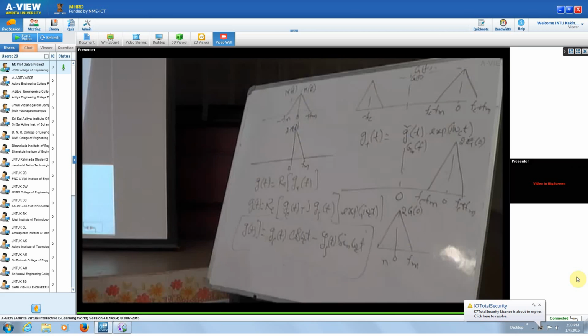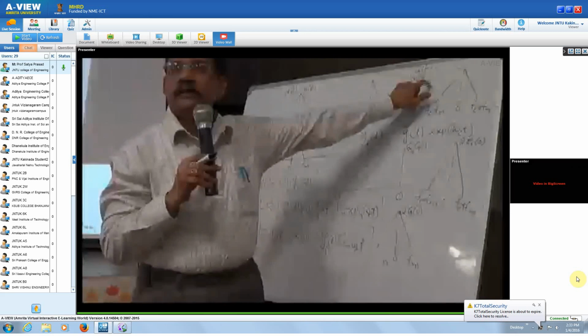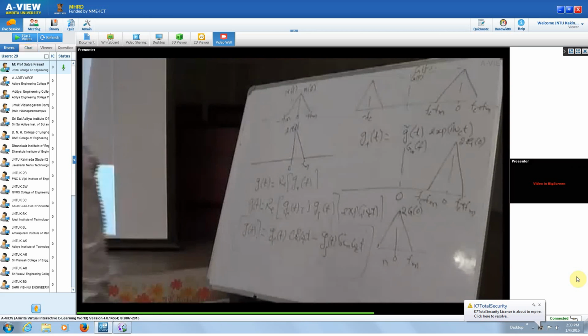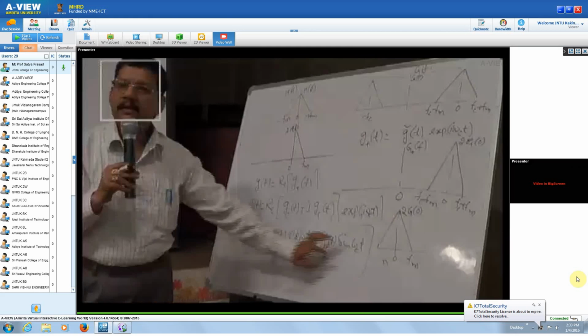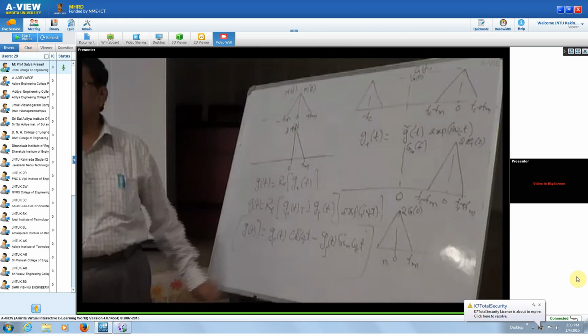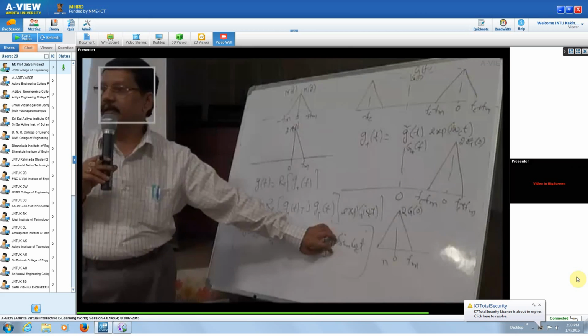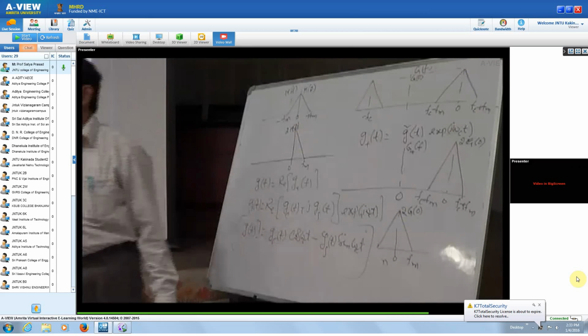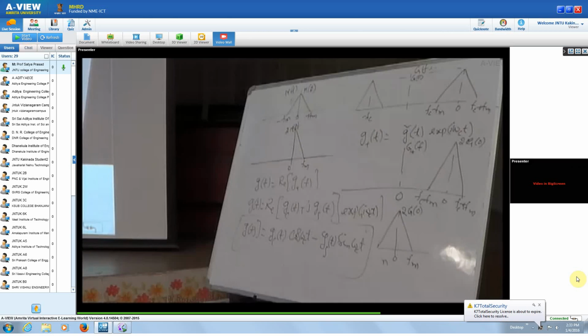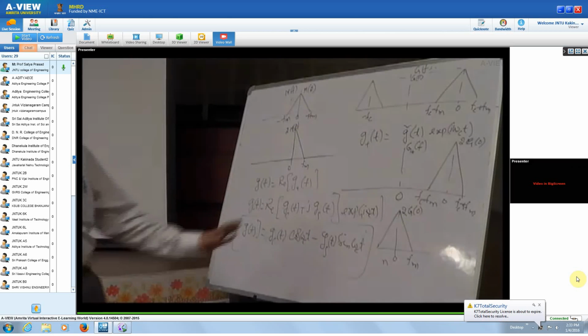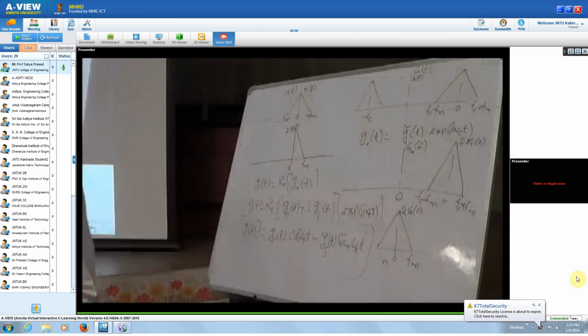That's what we started with. This is the spectrum of your G of f, or the spectrum of your G of t. So in the time domain, we have got this as the quadrature signal Gs of t and the in phase signal Gc of t multiplied with cos omega ct and sin omega ct.